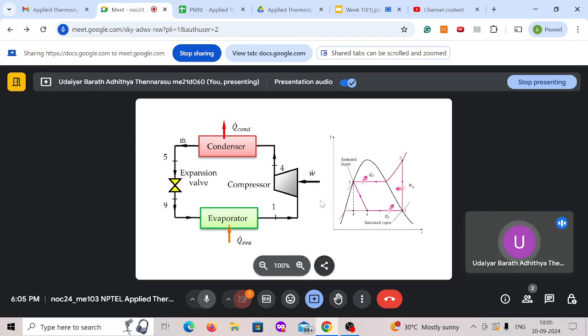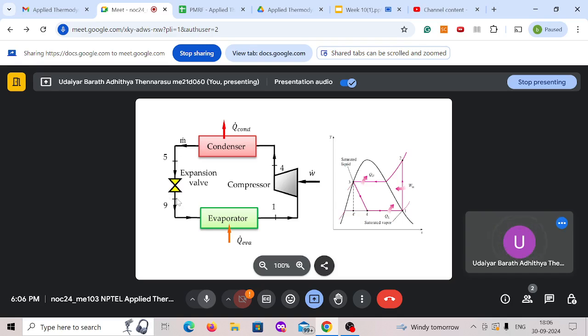This same discussion we also saw when we were discussing the Carnot cycle and why it cannot be used in a two-phase region, and we moved to the Rankine cycle. Similarly, we don't want any two-phase mixture in the compressor. So we generally add some additional heat to have a superheated state at the compressor inlet.